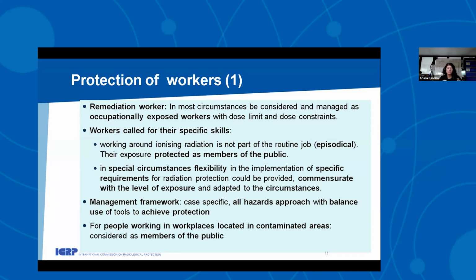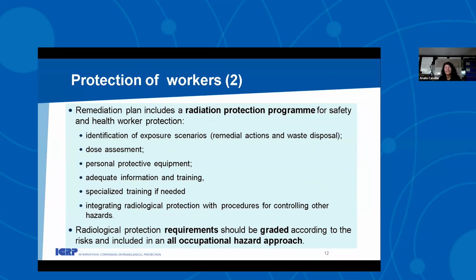And just to bear in mind that you can also have people that are working in workplaces in the contaminated areas, not related with the management of the protection strategy. These people are considered members of the public. What is important is that the remediation plan includes a radiation protection program to address safety and health worker protection.